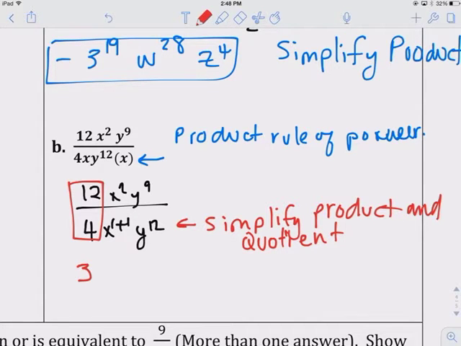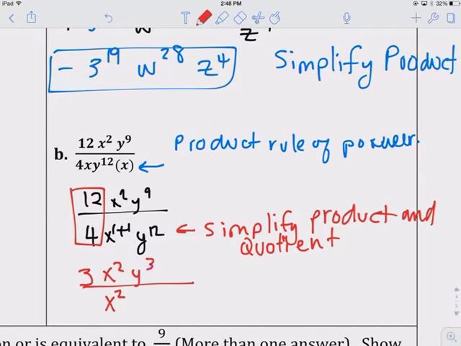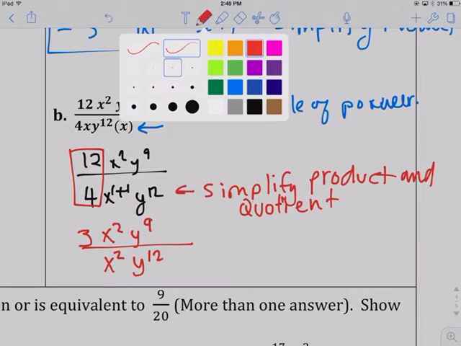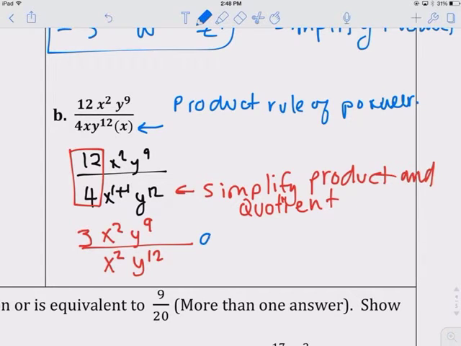And I can simplify x squared, y third, and y to the 9th. Got it? And then we do quotient rule of powers.